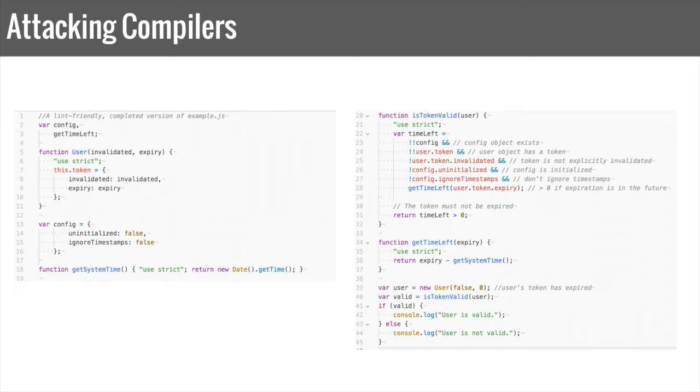effectively this user token has expired, and what should happen is when we run the is token valid function on line 20, we should see, okay, well, let's say the user has a config, okay, good, the user has a token, okay, and then the token doesn't say it's explicitly invalid, but then when we get to line 28, when we call the getTimeLeft function, it's looking at the amount of time between expiration and the current system time, and it sees, oh wait, this is expired. 0 minus some non-zero value, it's going to be 0 or less.